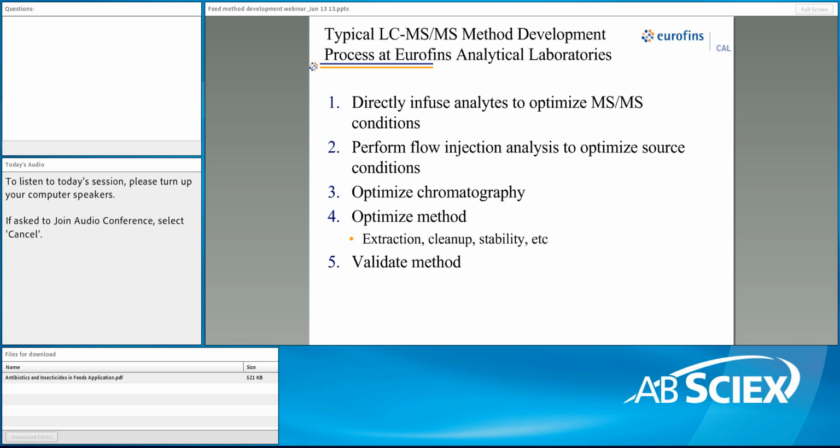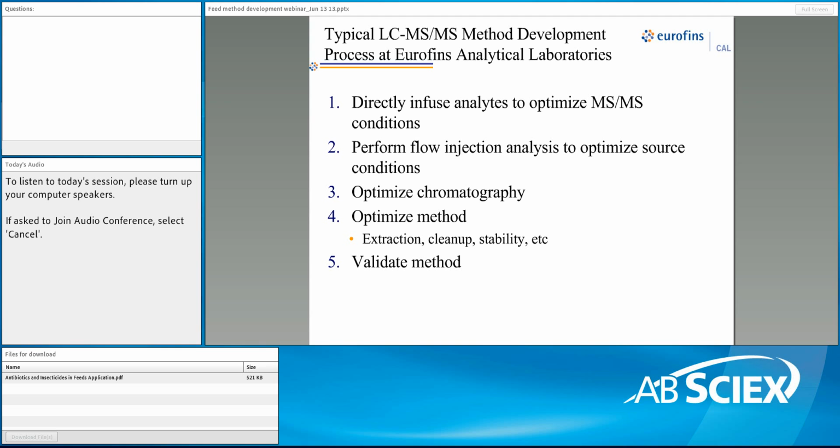Our final 4th and 5th steps are the actual optimization of the sample prep, and that can be looking at how we optimize the extraction, whether through differing solvents, differing pH effects, shaking, sonication, etc. For a lot of our methods, there will also be a cleanup, whether that's SPE or catchers.